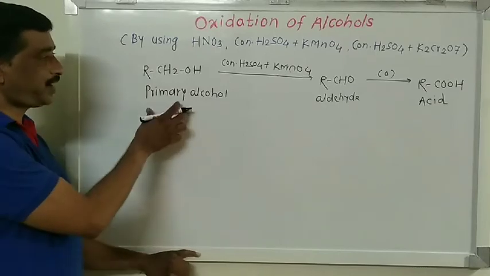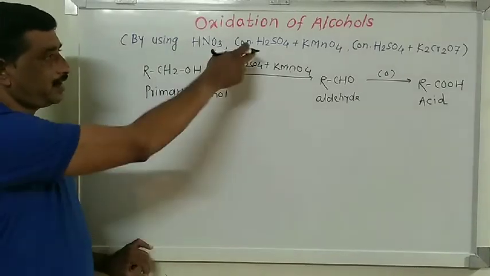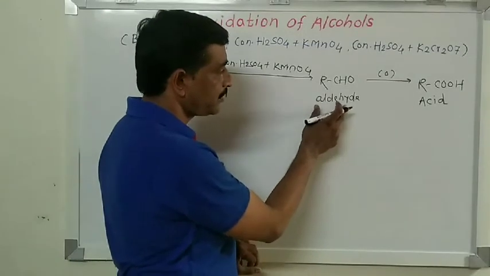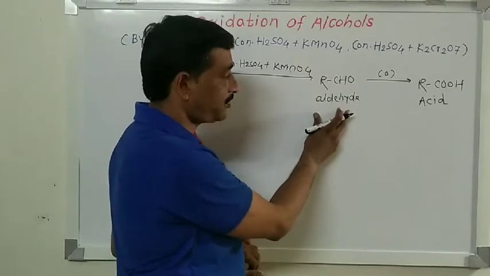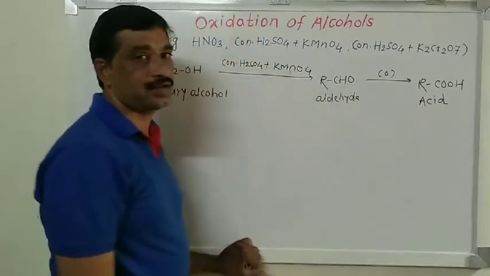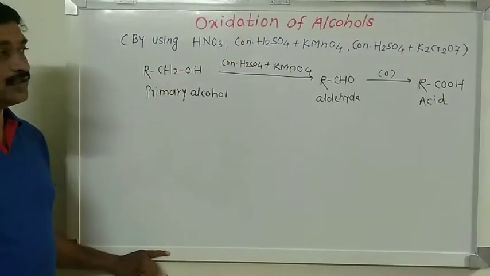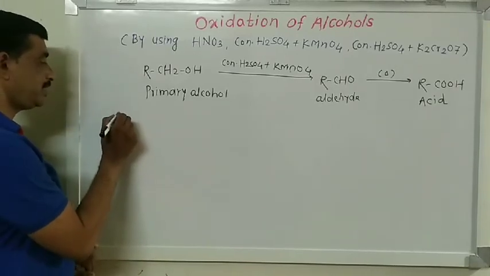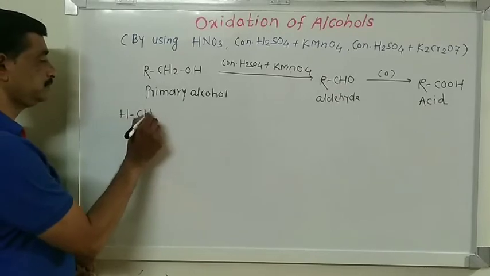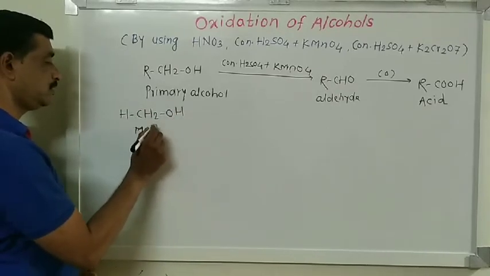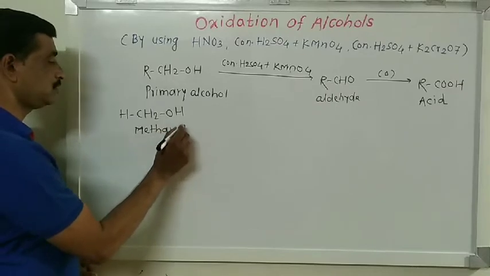So in this way, primary alcohols on reaction with any one of these oxidizing agents first give aldehydes. The aldehydes are unstable compounds formed here, and these aldehydes again undergo oxidation and give the carboxylic acid. Here we consider the example of methyl alcohol. This is methyl alcohol, or we say it is methanol.